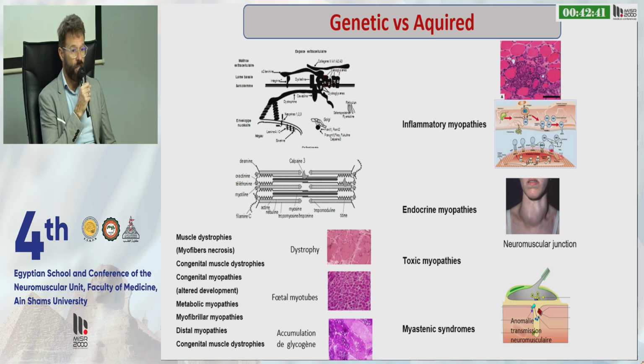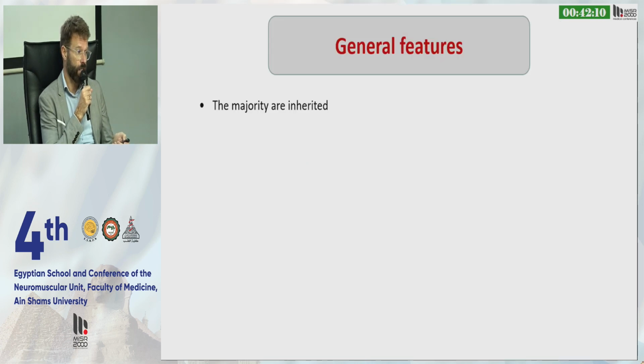As we are talking of children, you have to understand that the majority of neuromuscular disorders in children are genetic, but there are some acquired myopathies, like for example the autoimmune mediated necrotizing myopathy or dermatomyositis, that also happen in children. And then you can also have autoimmune myasthenia in children. But in general, think first genetic, and then you can exclude if there is an acquired disease.